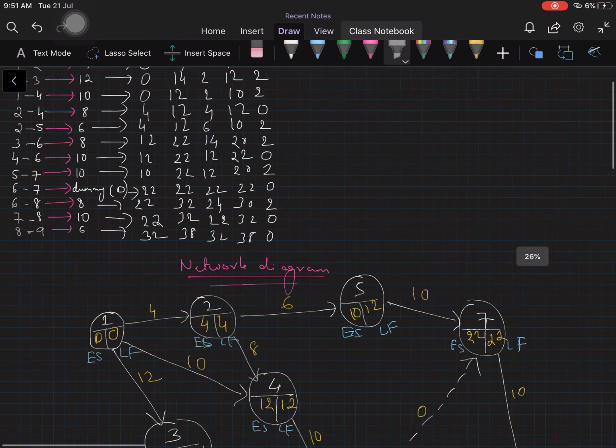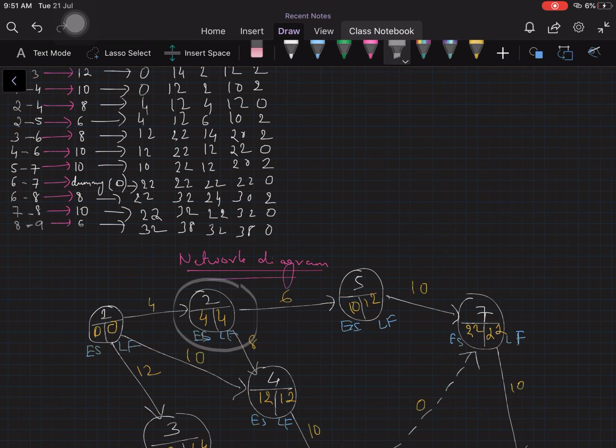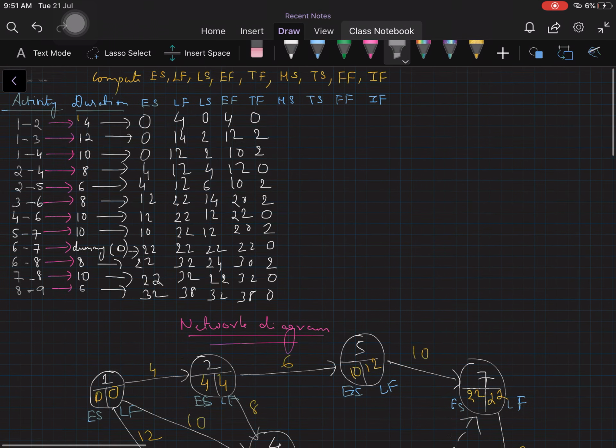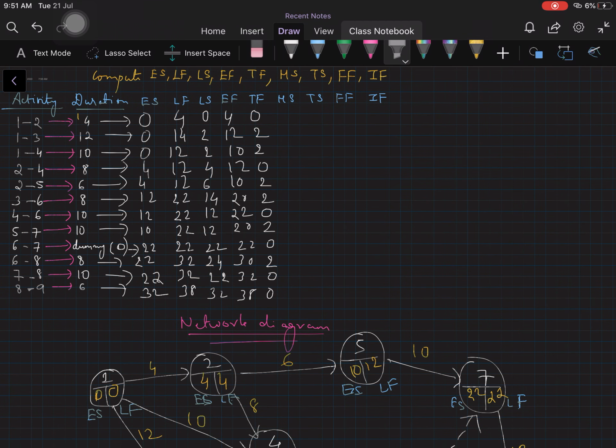So let's go to 2. Here is my 2. Now what is slack? Late finish minus early start, that is 4 minus 4, which gives you 0.